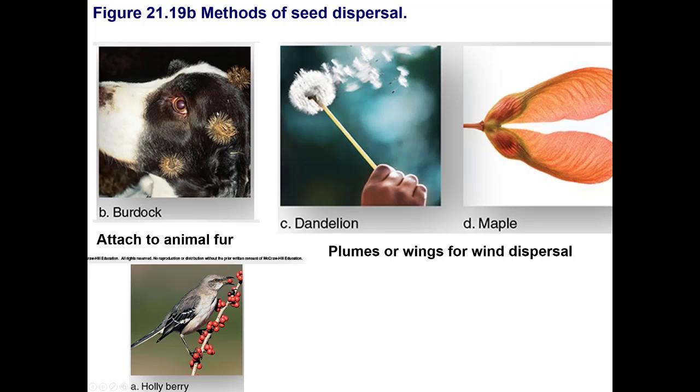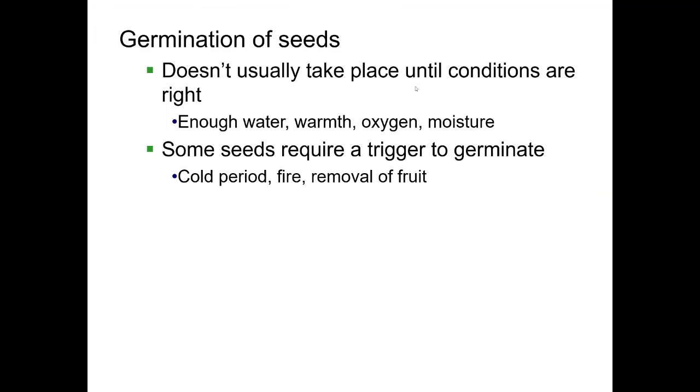Another way seeds can move around is, of course, being attached to dogs, or being blown by the wind like the dandelion or maple, a variety of different ways for wind dispersal, and the like. When it comes to germination of seeds, it is important that you have all of the different timings right.